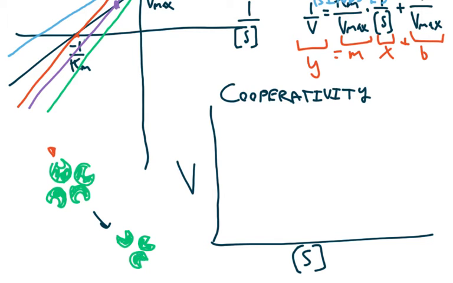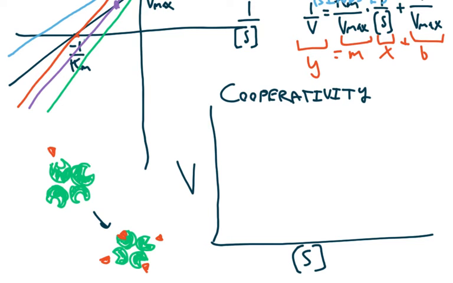And all these subunits are supposed to be associating. So if I didn't make them touch, they're supposed to be touching and associating with each other because that's how they affect each other's conformation. So now I have a substrate bound, and all the other active sites are more conducive to the binding of other substrates.